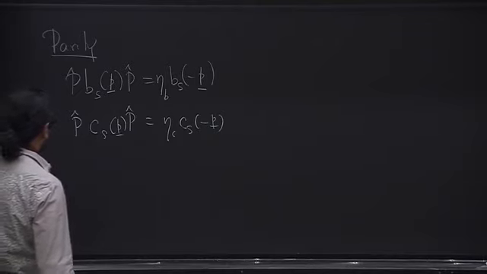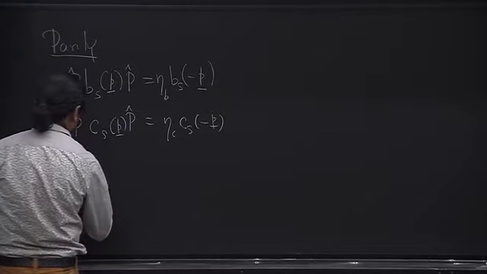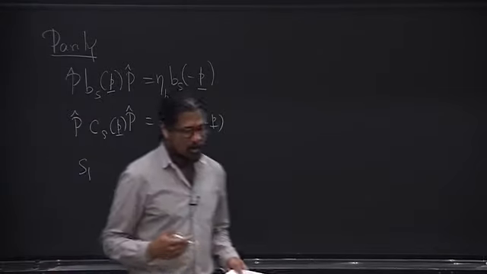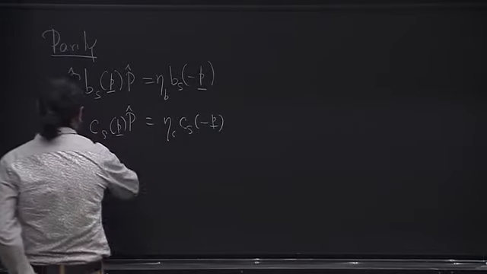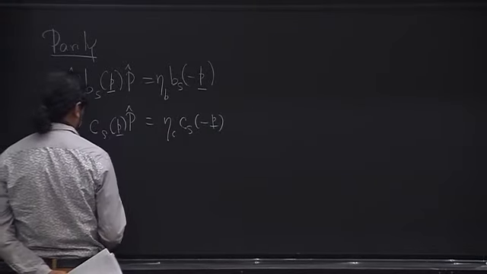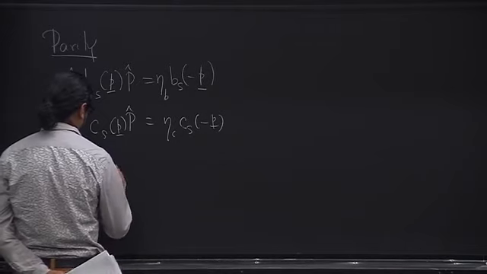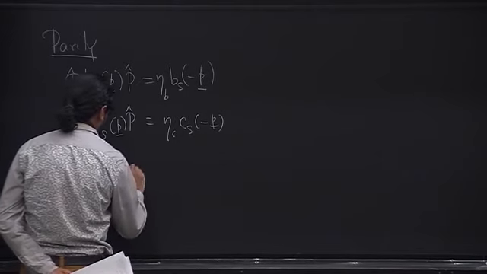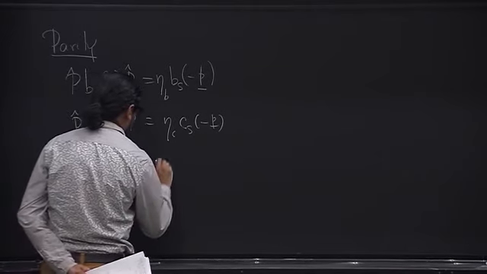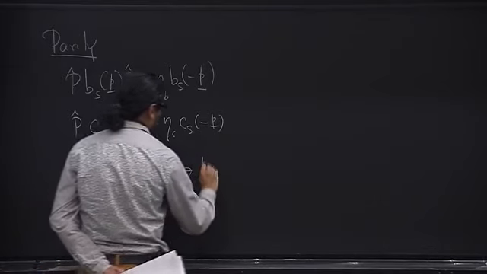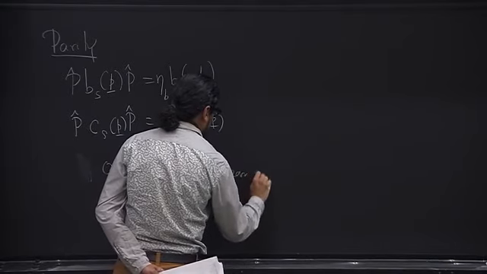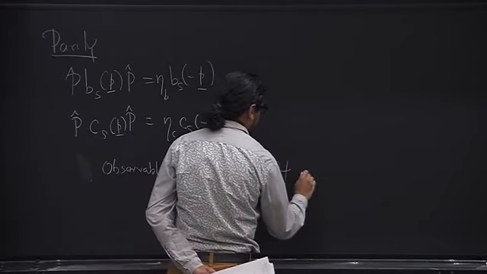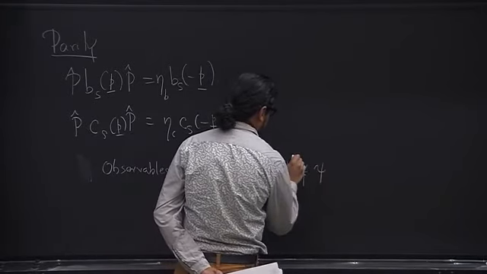All the observables that we can make out of spinors are bilinear in spinors and their conjugate. So the observables are bilinears in, say, psi bar and psi.